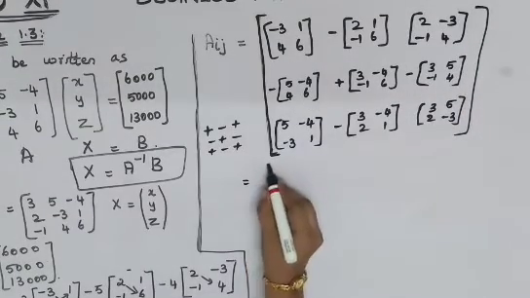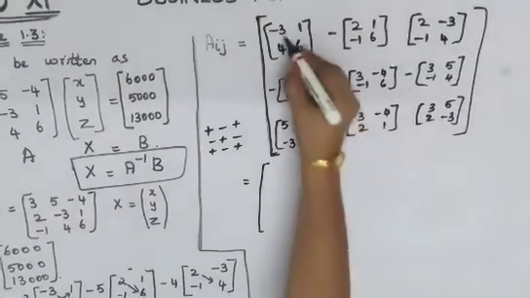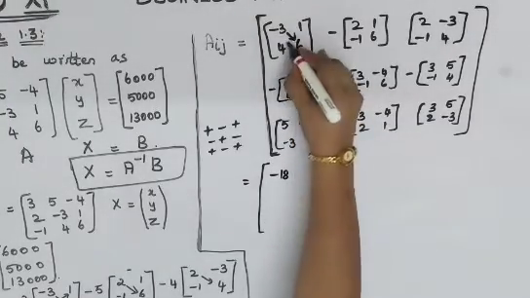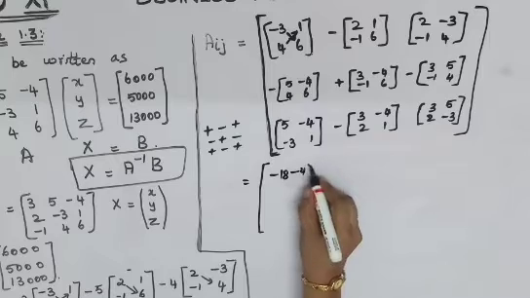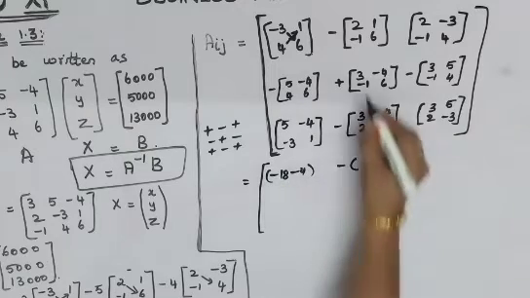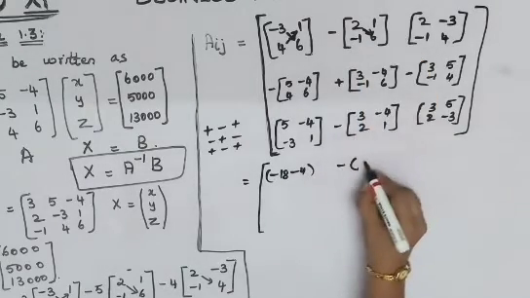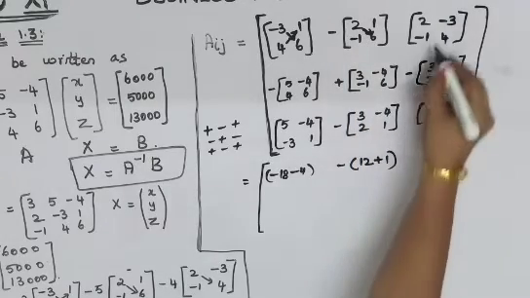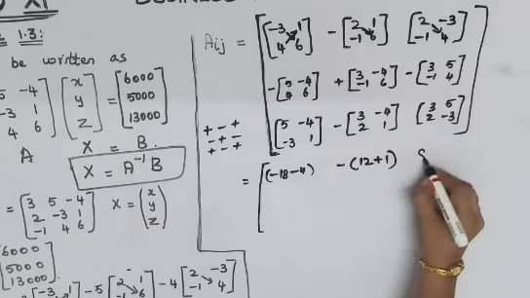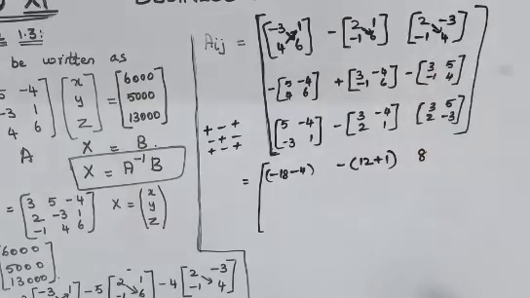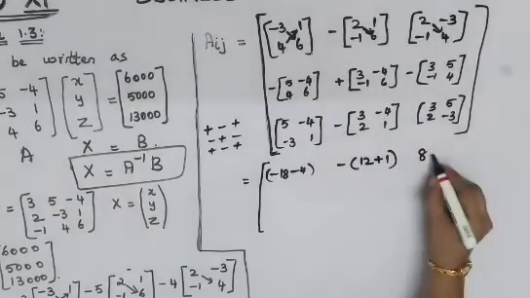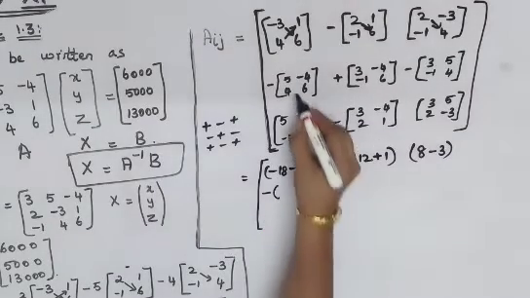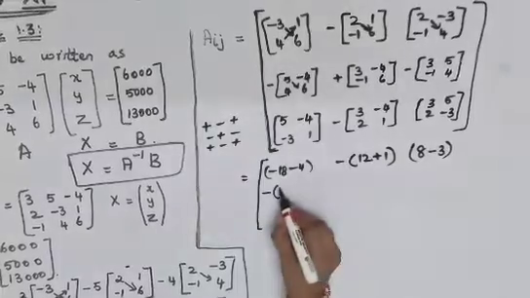Next solving, again open your bracket. 6 3s are 18 with minus, so minus 18 minus 4. Then minus, open your bracket. 2 6 are 12. Minus of minus will become plus, plus 12. 4 2s are 8. Minus of minus will become plus, but minus will be there, so minus 3. The next line, minus, open your bracket. 6 5s are 30.